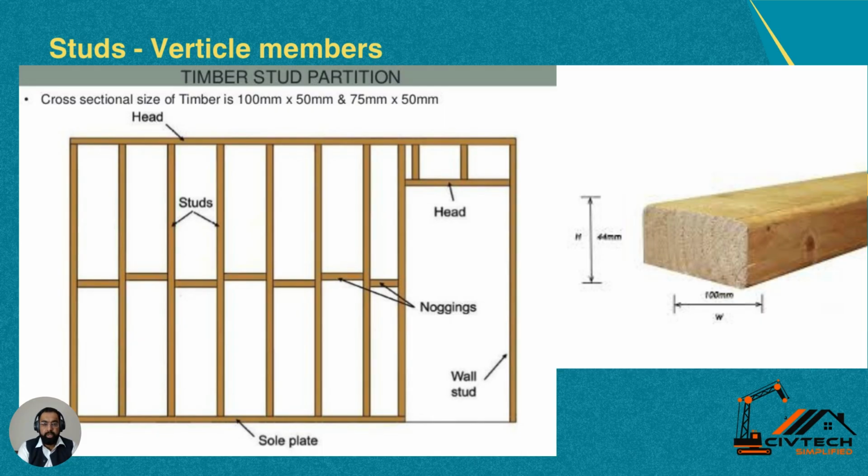These are the noggings just to retain the fillers inside the frame, and studs are always vertically provided members in a wooden frame. You can have an idea of the studs in our picture on our right side. Width and height have been shown, but those may vary with respect to the frame stability and strength. So I hope you are clear on studs.